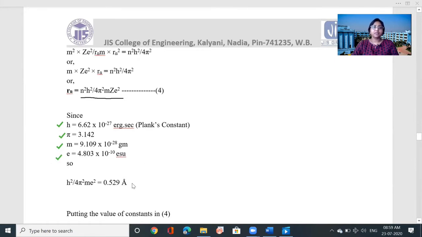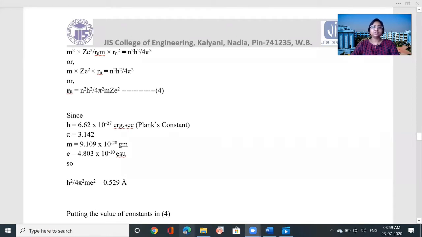And e, that is 4.803 into 10 to the power minus 10 esu. So our final expression is h squared by 4 pi squared m e squared is equal to 0.529 Angstrom.